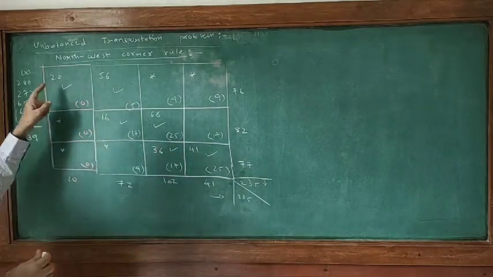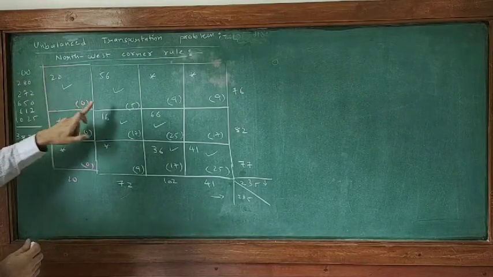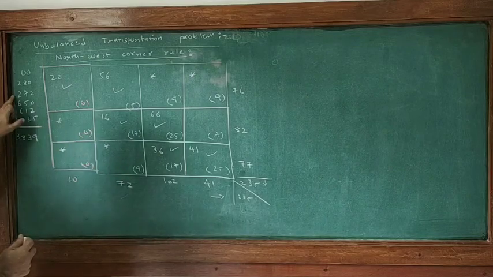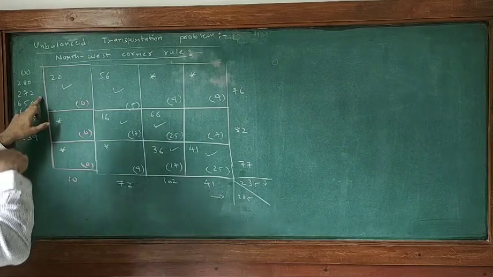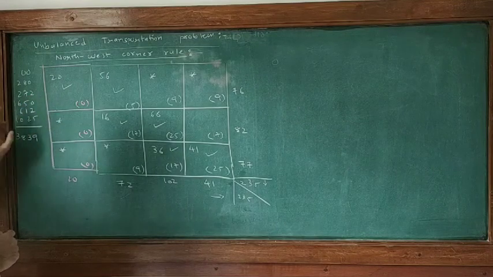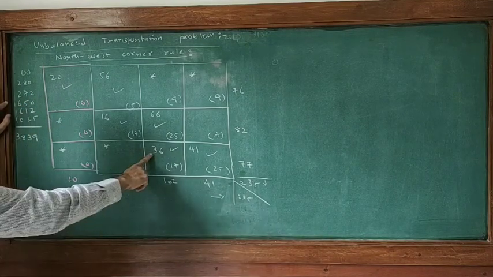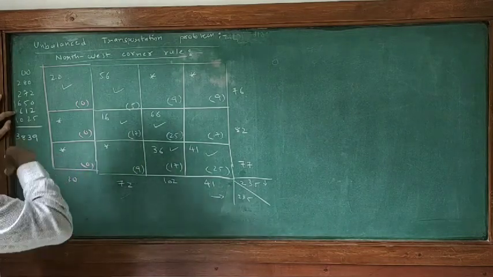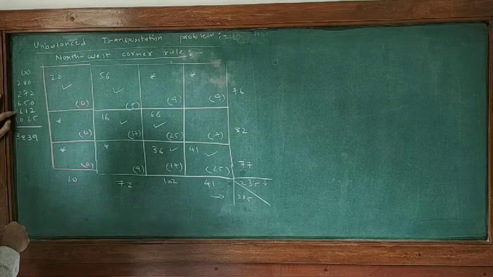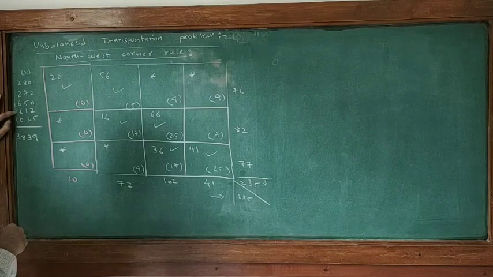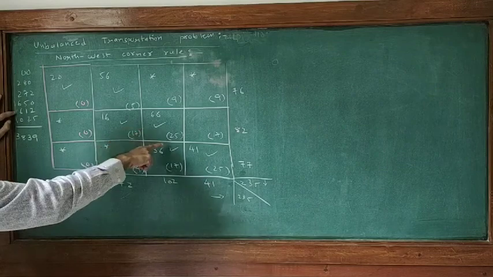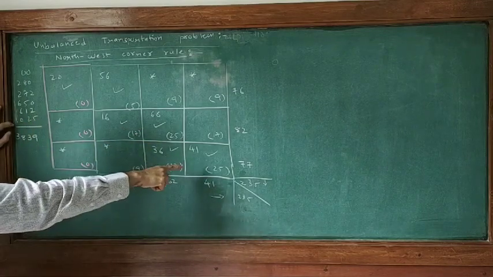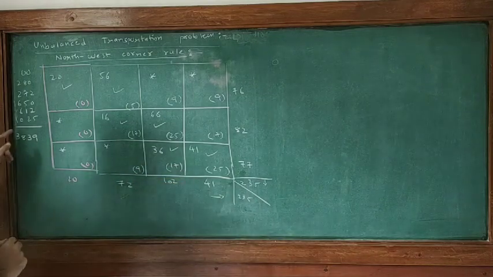So here, the sum is 20 into 0, 0; 56 into 5, 280; 16 into 72, 72; then 36 into 17, 612; 50 into 25, 1650; and the last one, 41 into 25, that will be 1025.